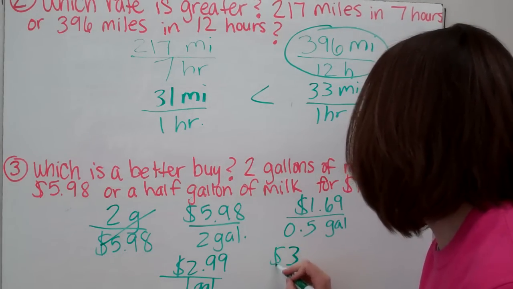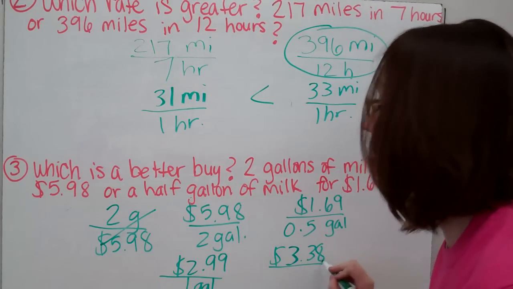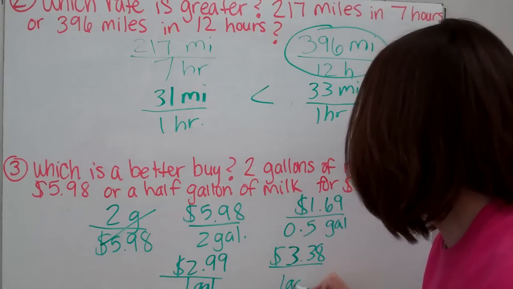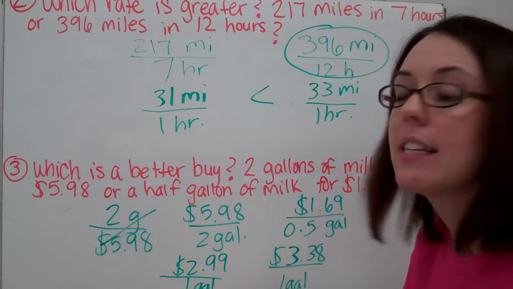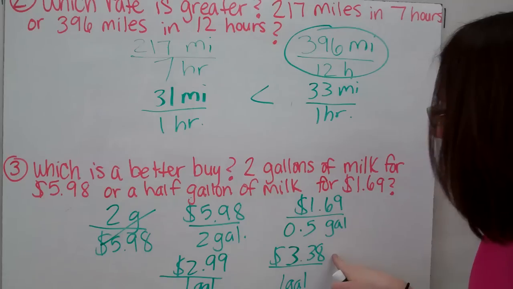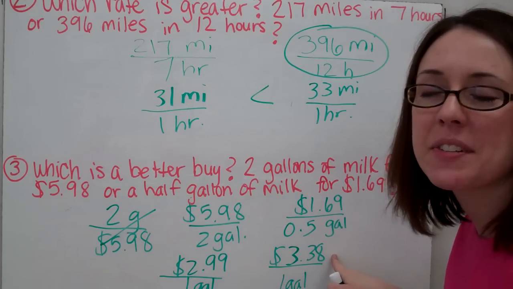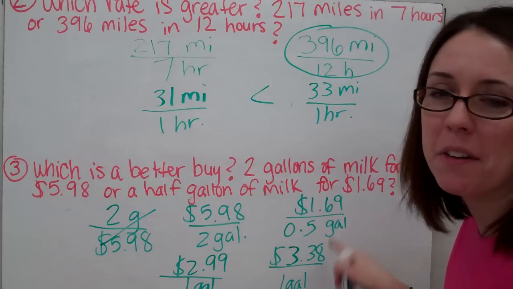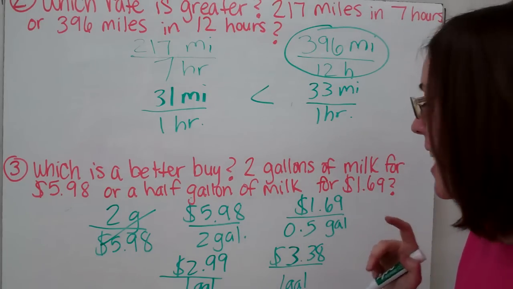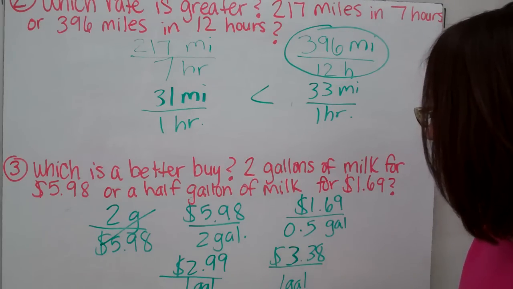You get $3.38 for 1 gallon. So here you have $2.99 for every 1 gallon. Here is $3.38. Sorry, that's the bell. You can tell I'm filming at school today. It's $3.38 for 1 gallon.